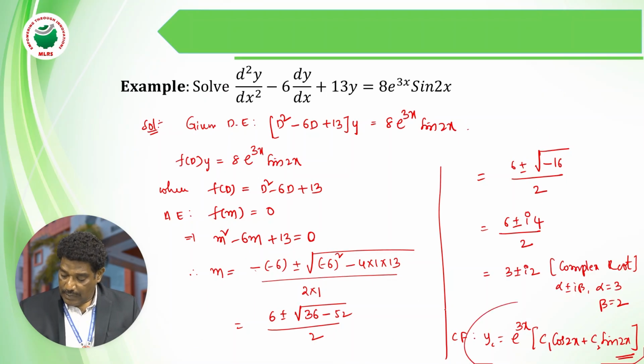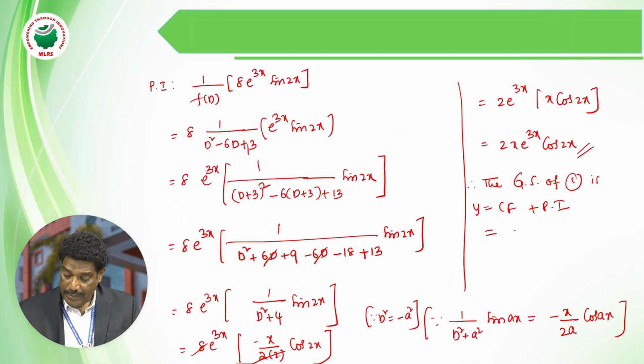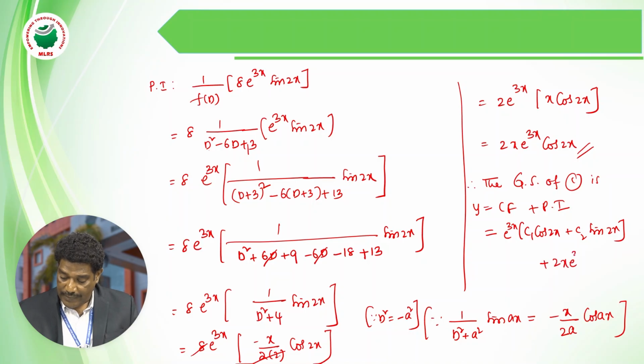This one. y equals yc, the complementary function, yc equals e power 3x into c1 cos 2x plus c2 sin 2x, and plus PI, that is plus 2x e power of 3x into cos 2x.